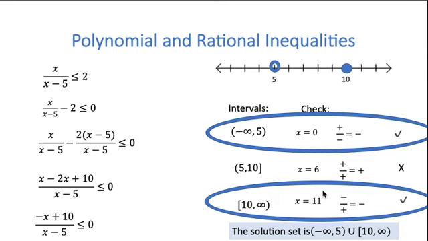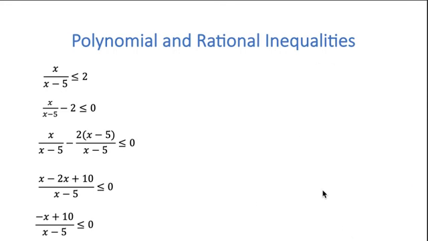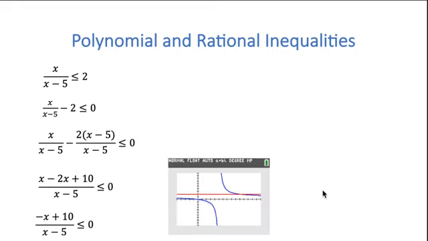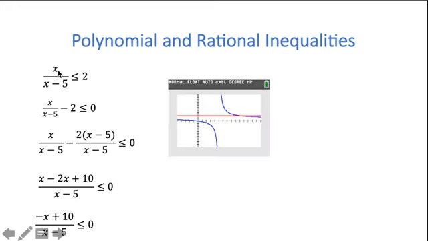Just real quick, I want to show you in this next screen the graph. You could do it one of two ways. You could graph x over x minus 5 in your first y equals and y equals 2 in the next one, and look for the intervals when the blue graph is below the red graph. Okay, that happens here and that happens here.